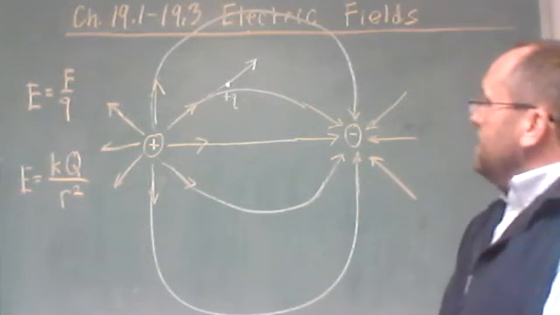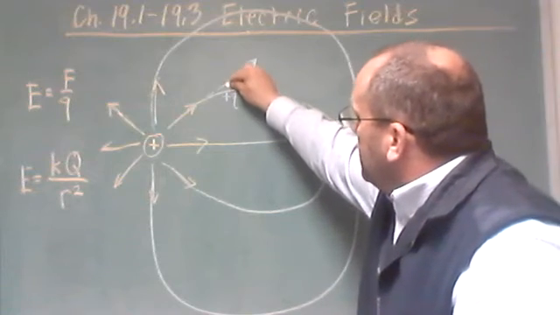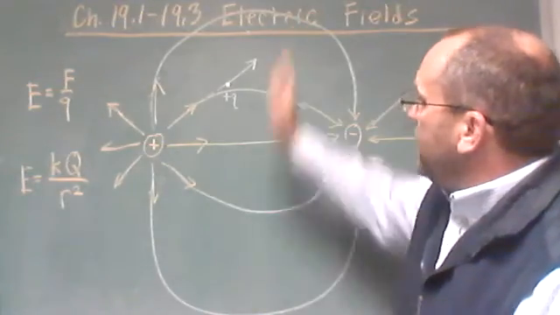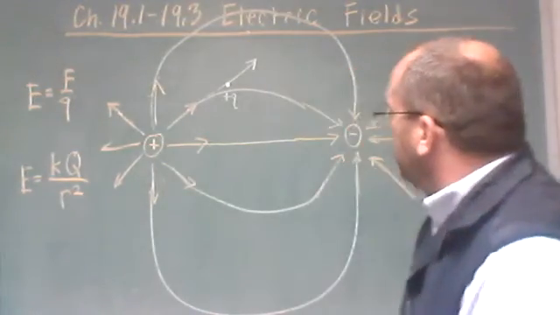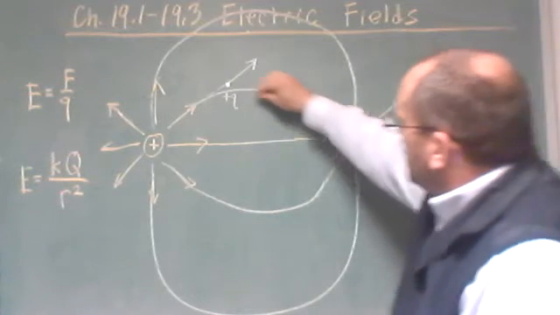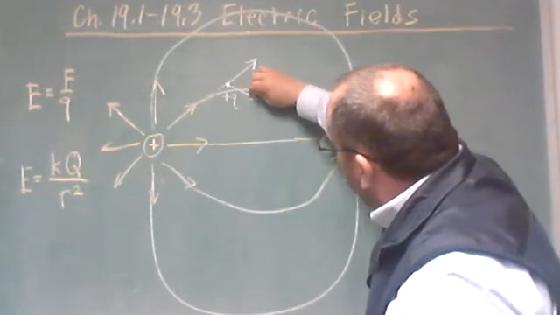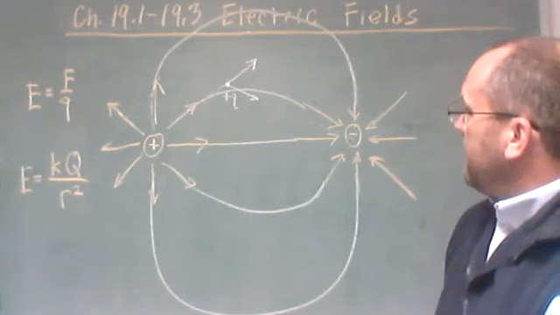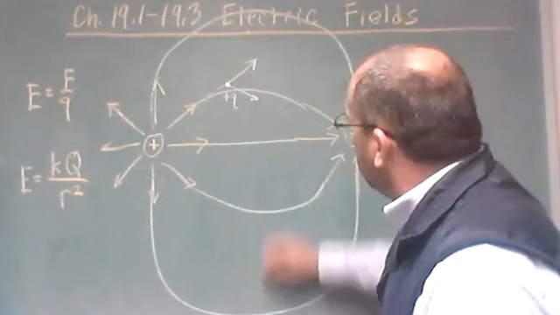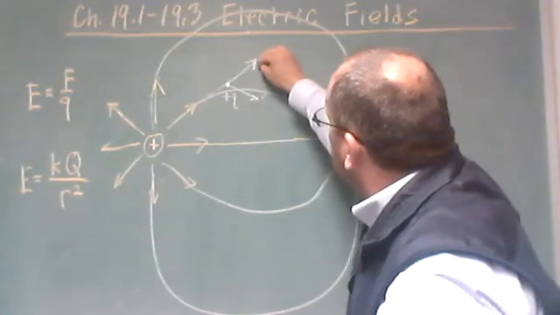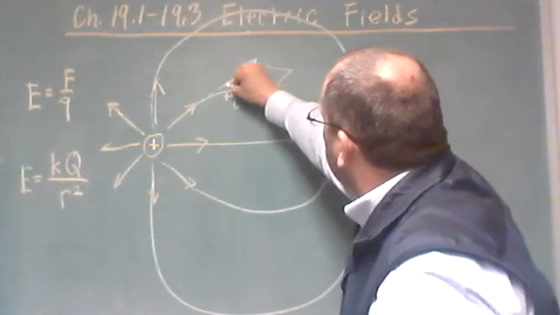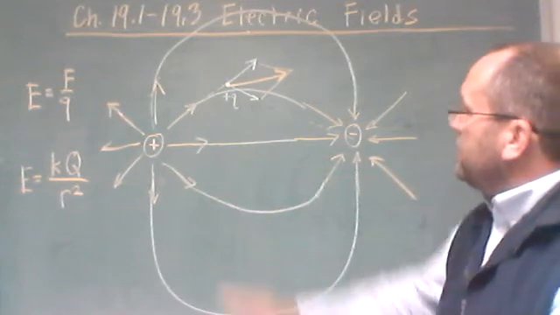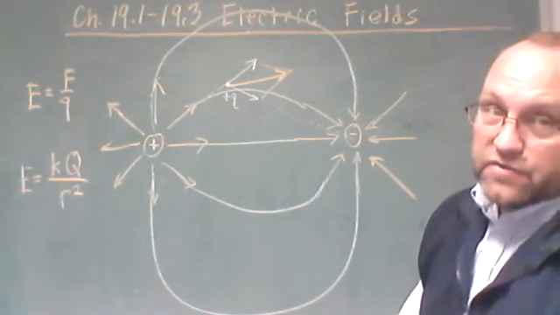So this particle here is pushed out radially from the positive charge, but it's also affected by this negative charge. It is pulled inwardly, radially, to that negative charge. And through vector addition, we can say the net force acting on that charge will be the addition of those two vectors.